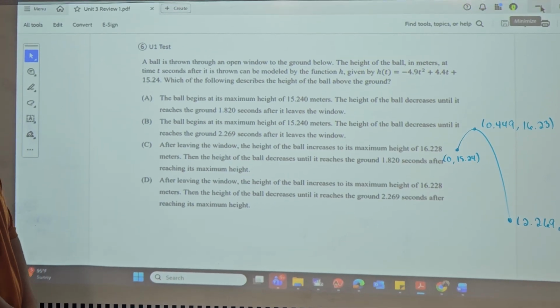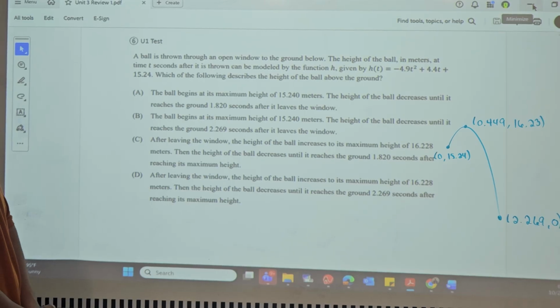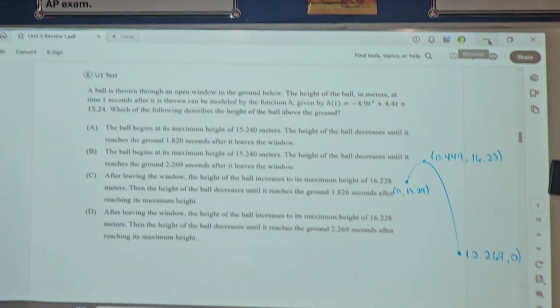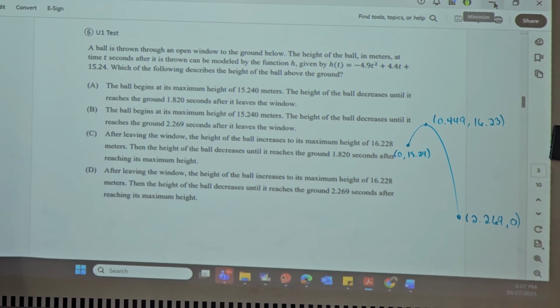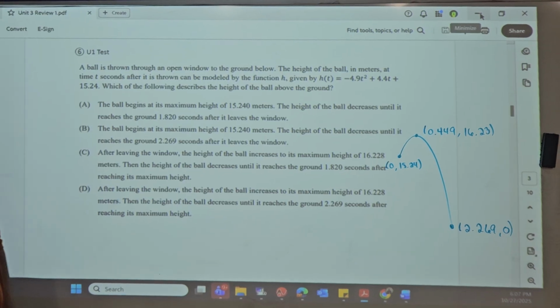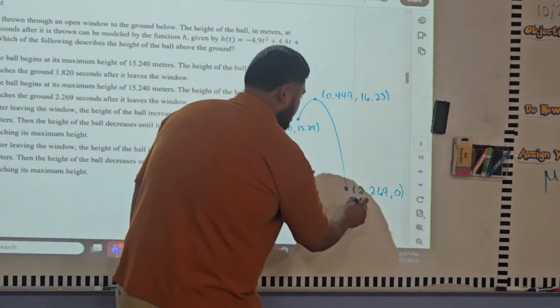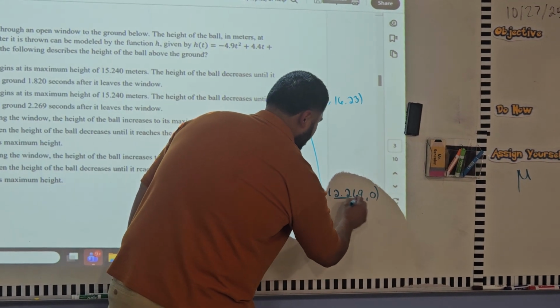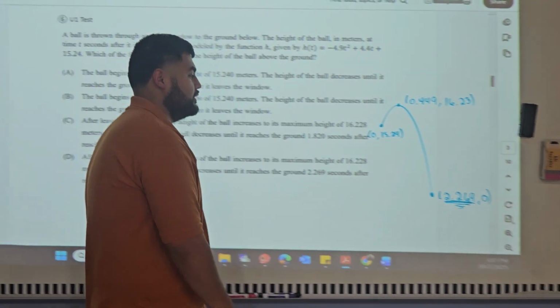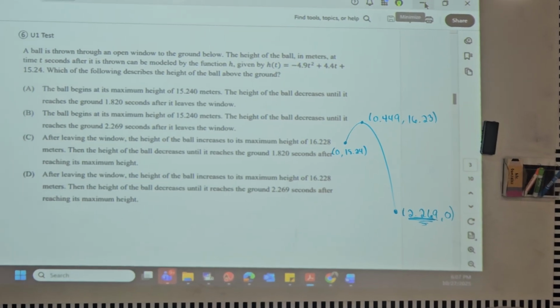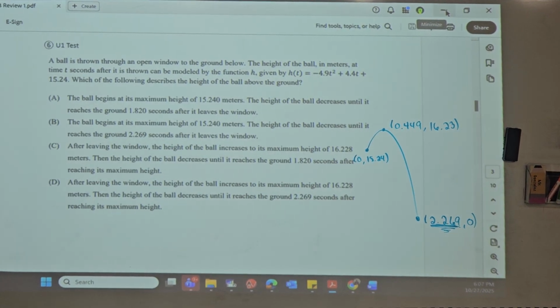That brings up a good question. How do we know what time exactly it took for the ball to be thrown? So in total, my total time was 2.269 seconds.